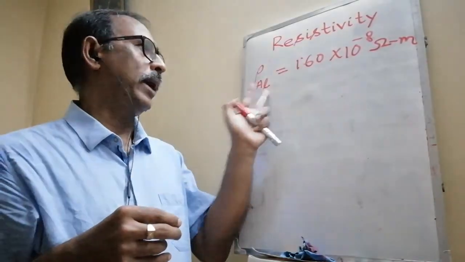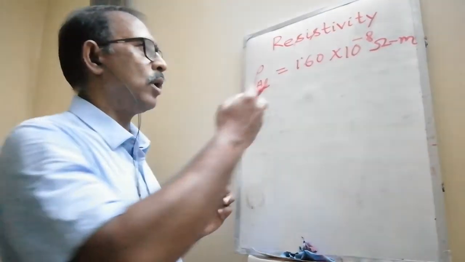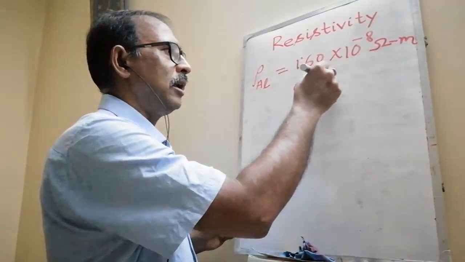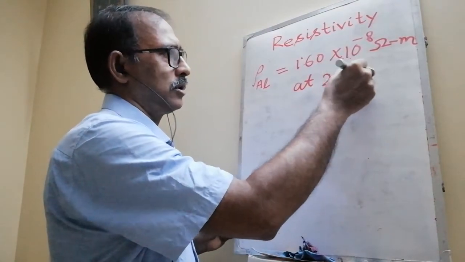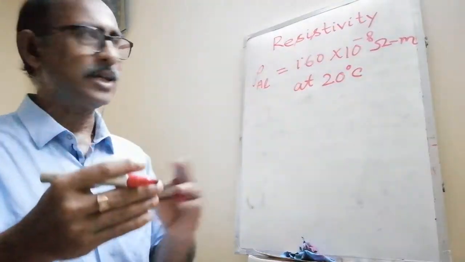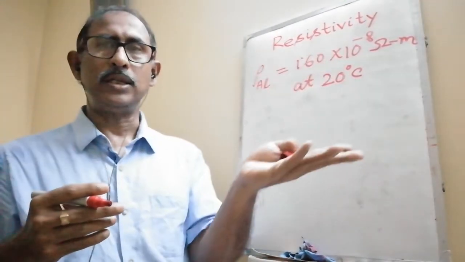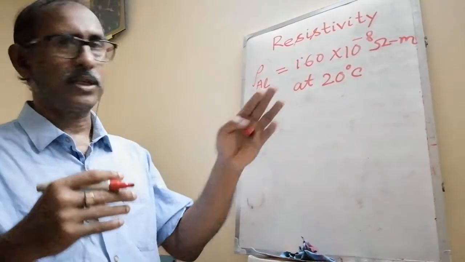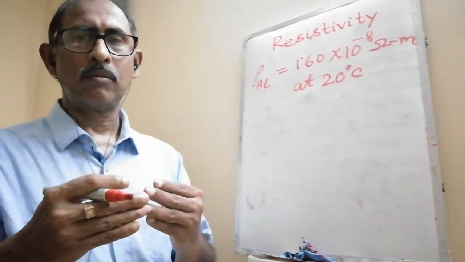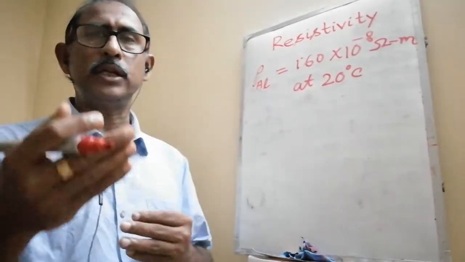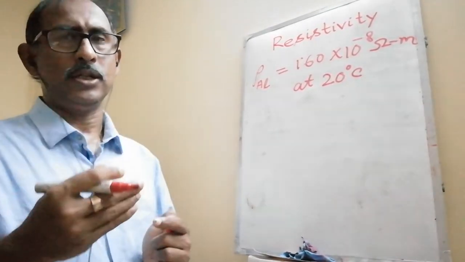This resistivity of aluminium is for a temperature of 20 degrees centigrade. If the temperature changes, this resistivity also changes. The resistivity increases with the increase of temperature.